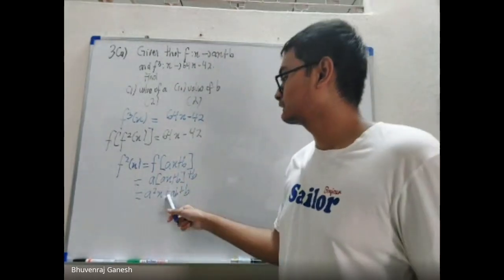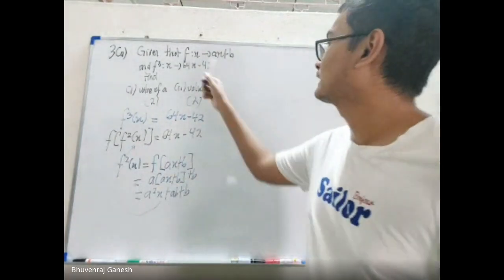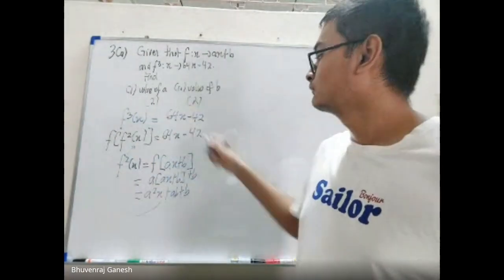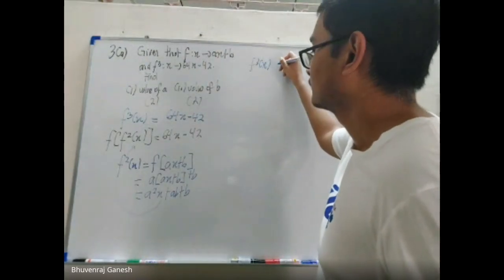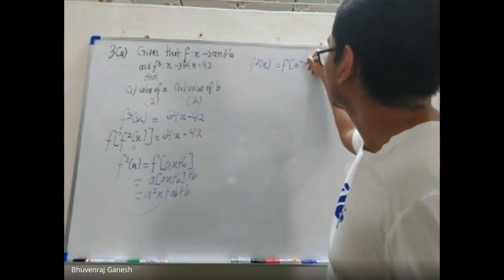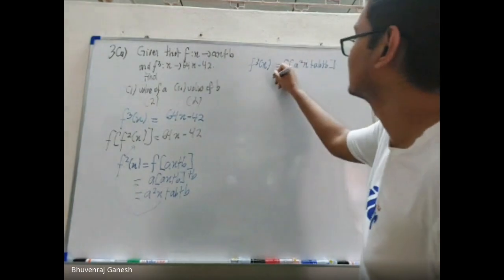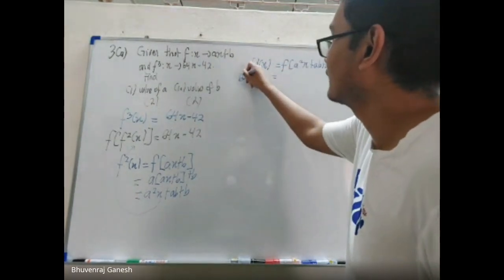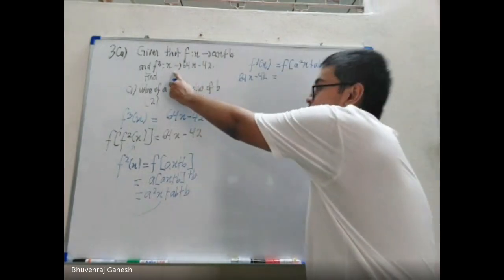And from here you can sub this inside here already. And then you sub this back inside your x again to find f cube. So from here we can proceed. f cube x equals f of f square x, which is a square x plus ab plus b. So you sub inside the f. And on the left hand side, you can copy 64x minus 42 because this is the info here.